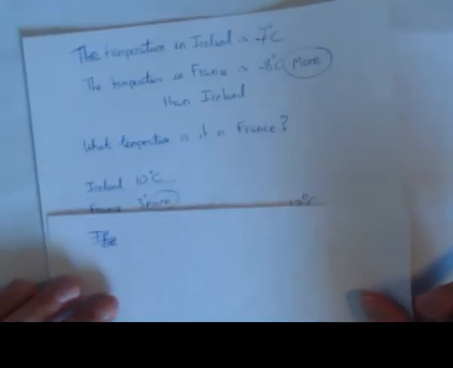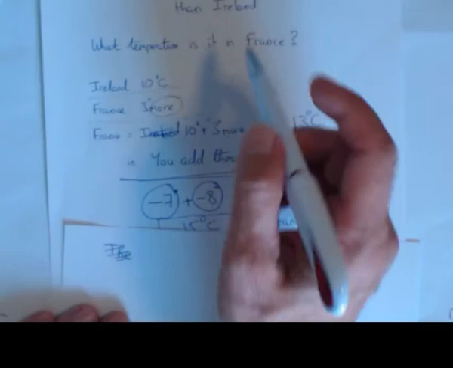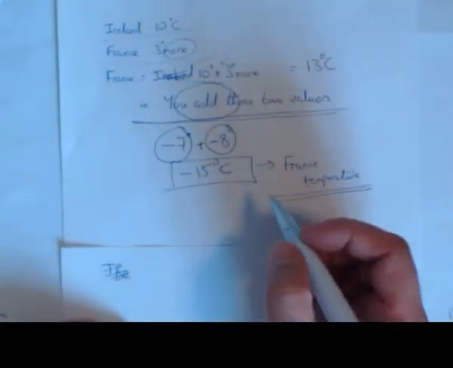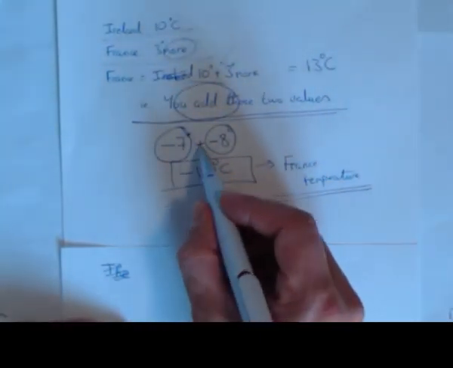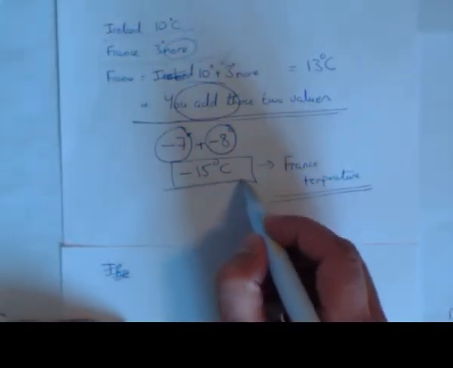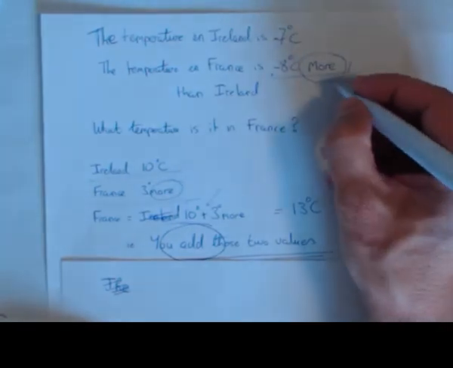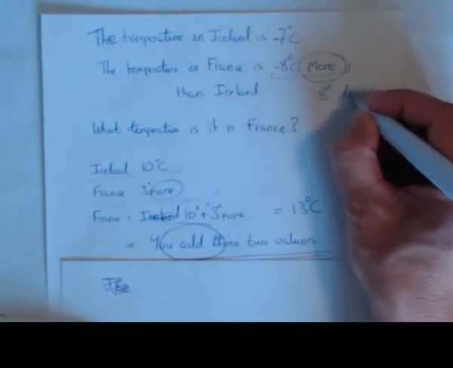Previously, we said the temperature was so many degrees more. What is our method? Our method was to add those values. Then you just follow your method. It's minus 7 degrees and you add minus 8 degrees and you get your answer. Again, you would never say minus 8 degrees more. You would always say 8 degrees less.